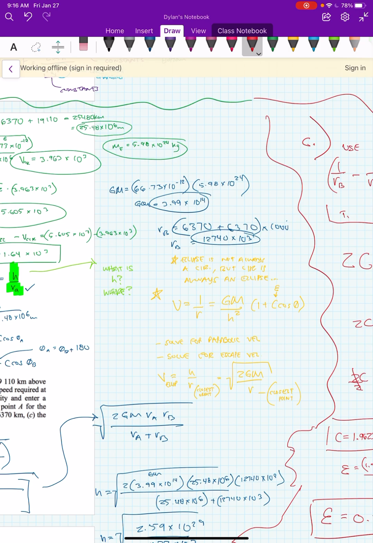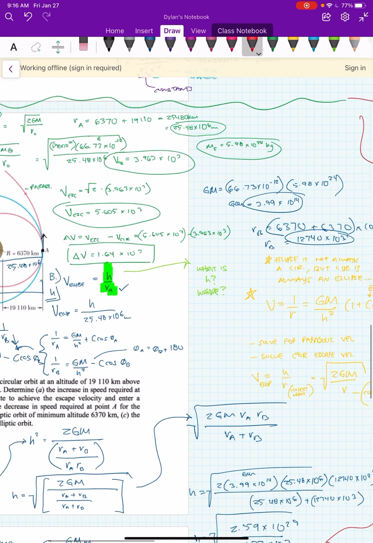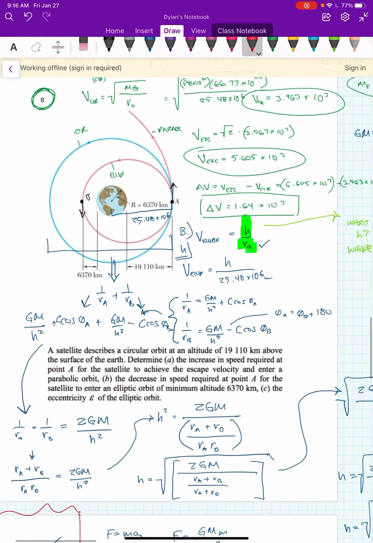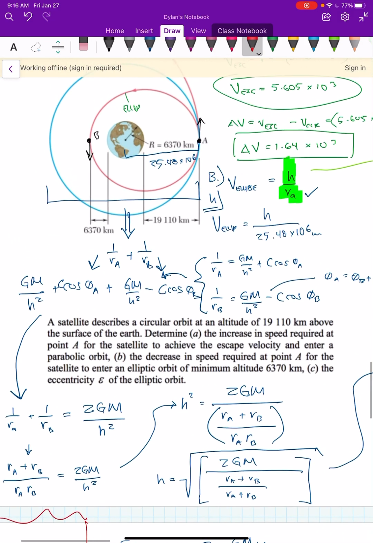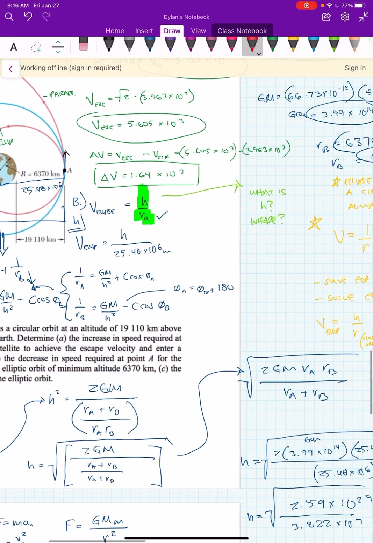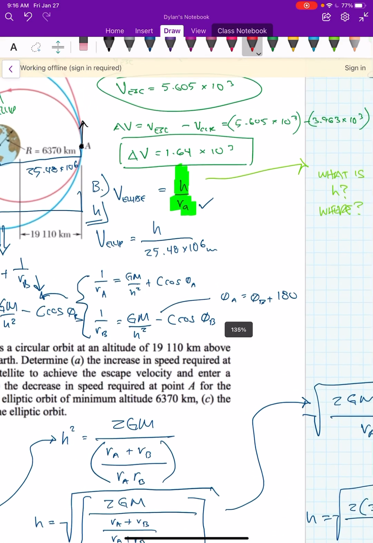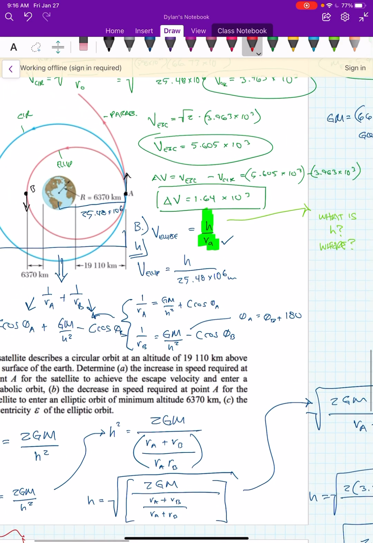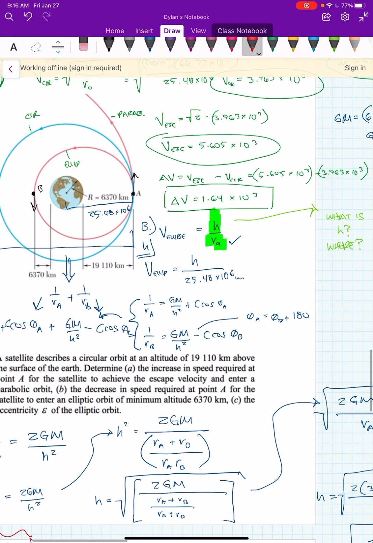So then I took GM over h squared, 1 plus c cosine theta. I'd put it in terms of c, and let's see, I know that whatever cosine is at point B, it's just some value.